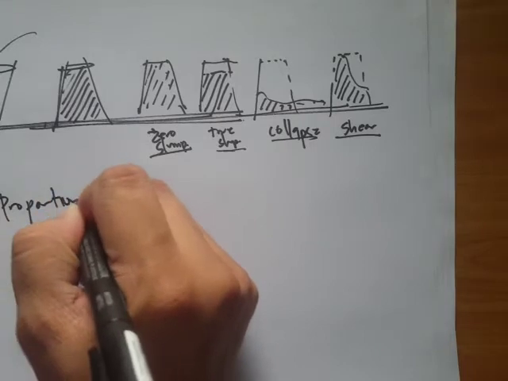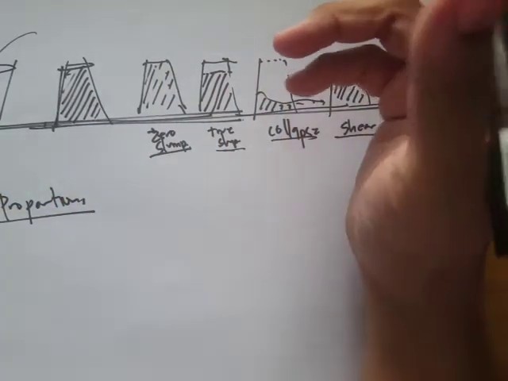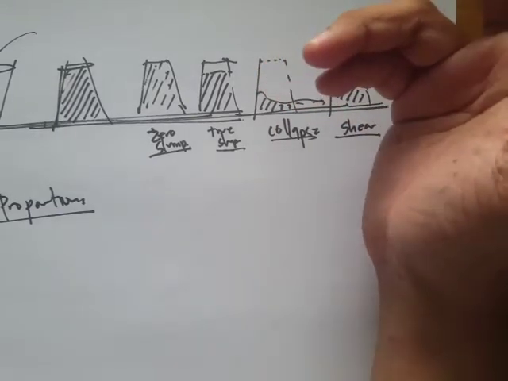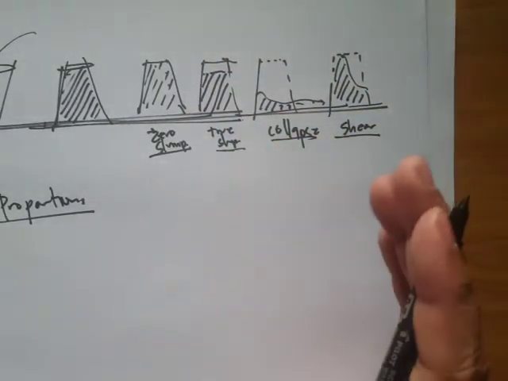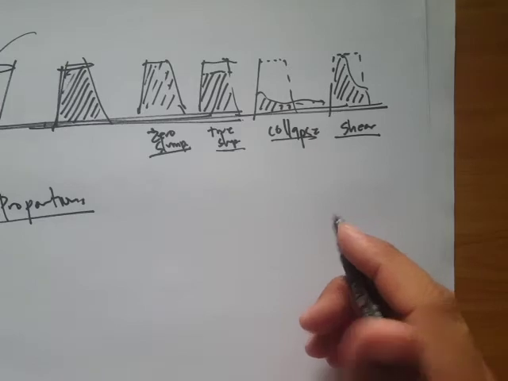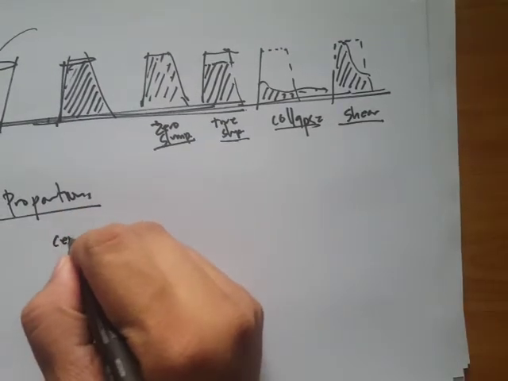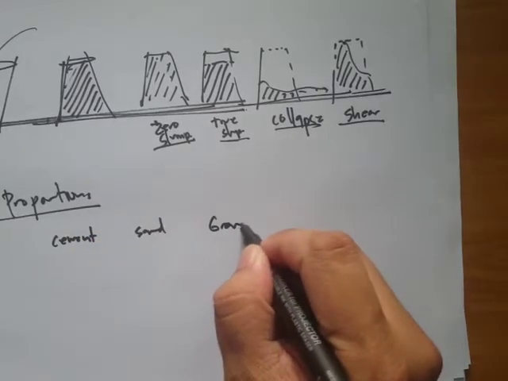So recall that concrete actually comprises different materials such as cement, sand, and gravel. The proportions of these ingredients also affect the strength of the concrete. So let's write down the ingredients: cement, sand, and gravel.